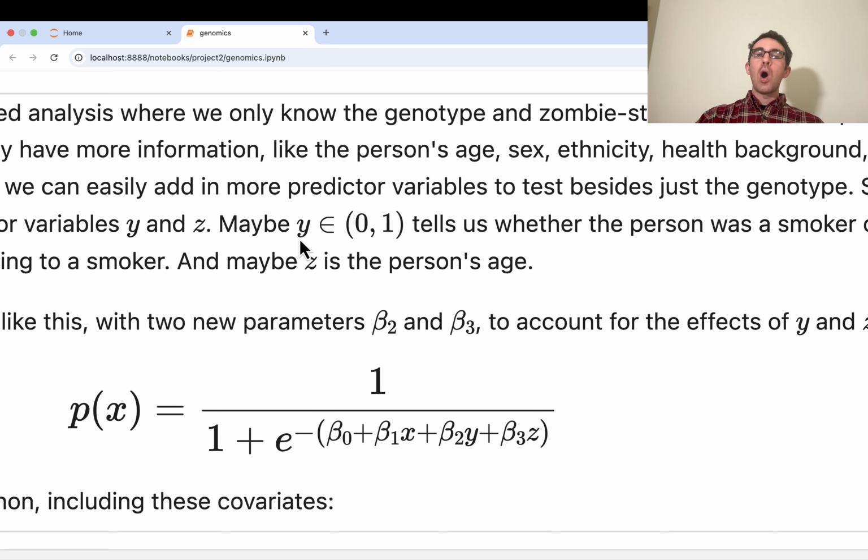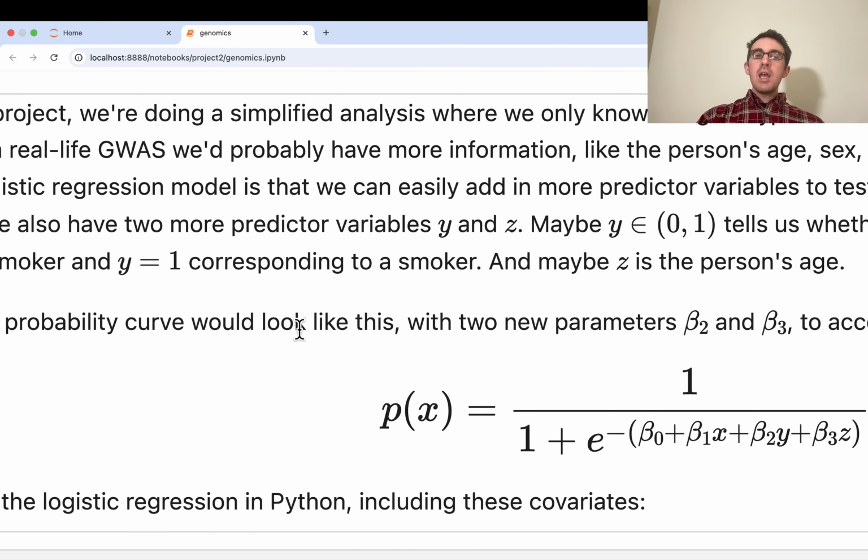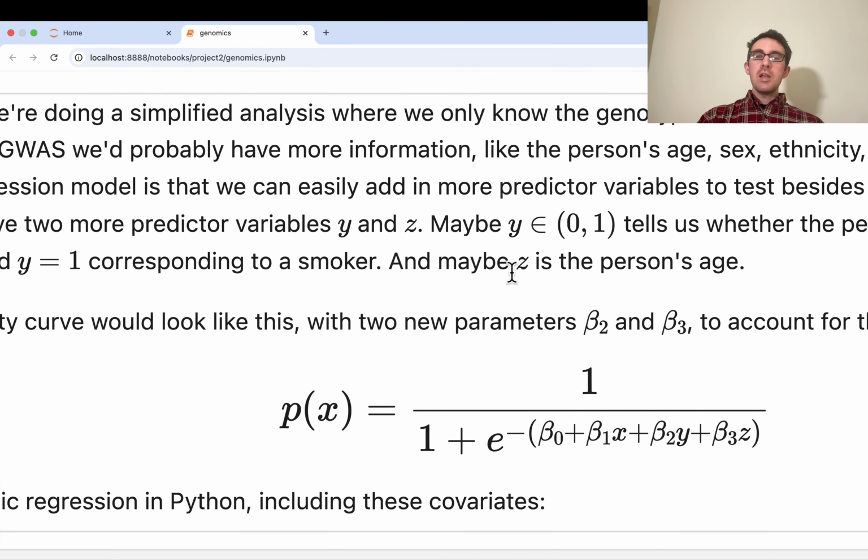So maybe we add in y, and then we add in another parameter, beta 2, which multiplies y and tells us the effect of the smoker variable on the probability that they were a zombie or not. And then maybe Z is the person's age in years, and we add Z to the model.